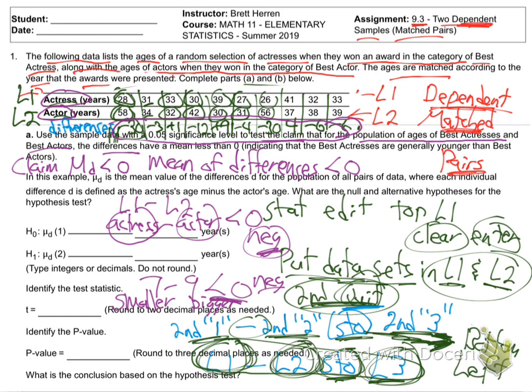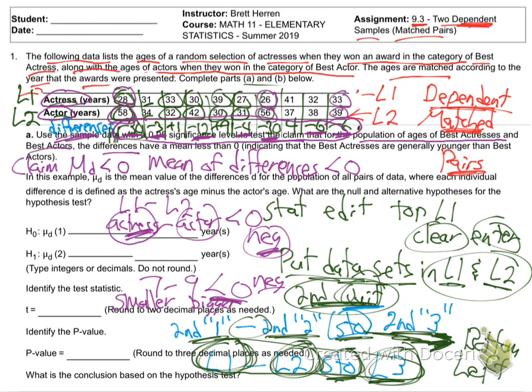So the only way you're going to subtract two things and get a negative answer is if the first one is lower, if the actress ages are usually lower than the actor ages. See how most of these are negative? Not always. Usually the actress is younger, like 26, and the actor is older, like 56. There's a couple of exceptions, like there she is, she's 33, the best actor's 39. But usually most of the differences are negative. A couple of them are positive, but most of them are negative.